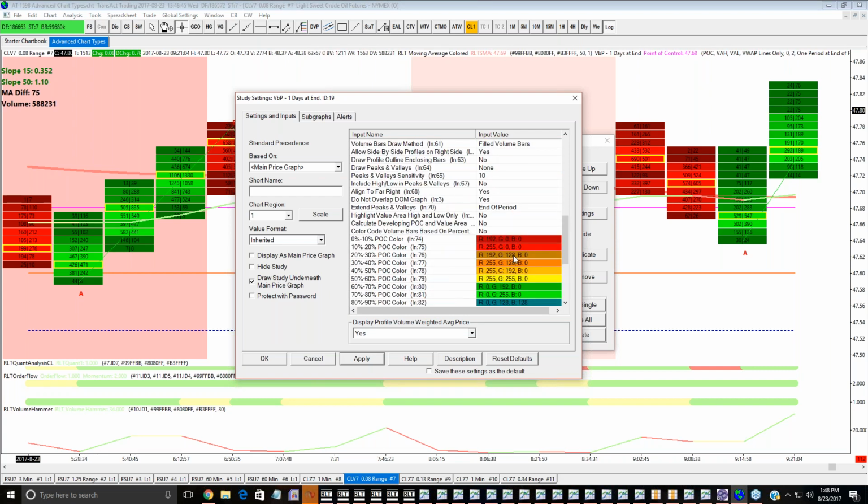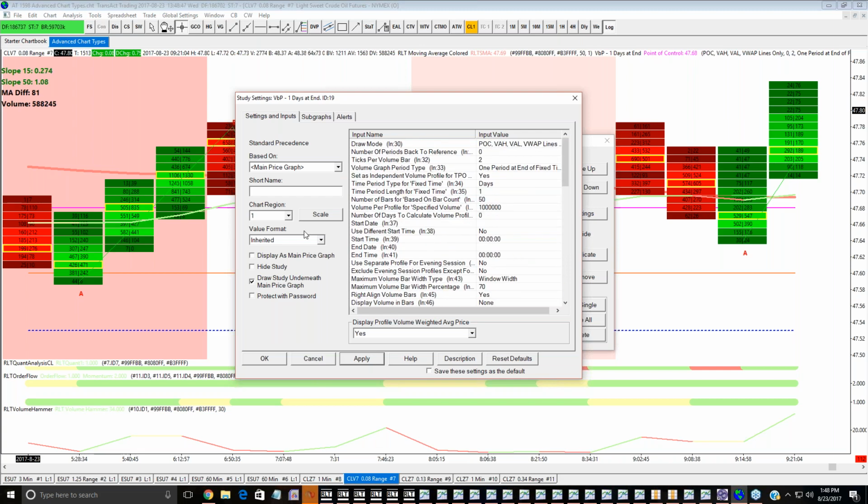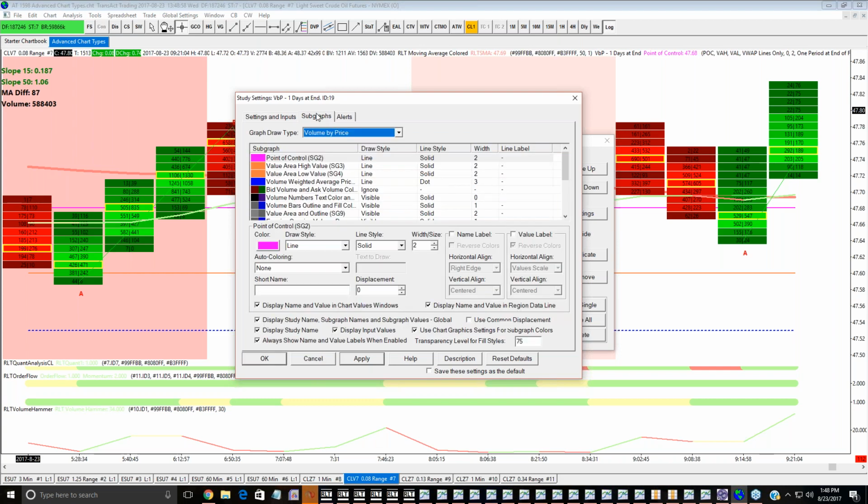Cannot find it for the life of me. Okay. I'm just going to have to close it because these are all the settings. These subgraphs and alerts don't matter.